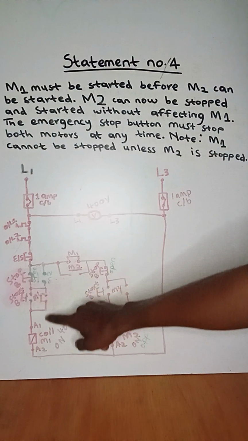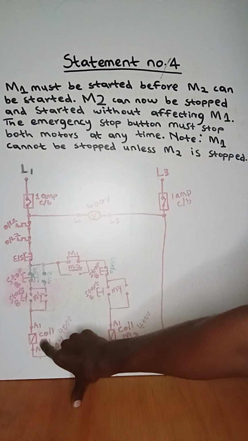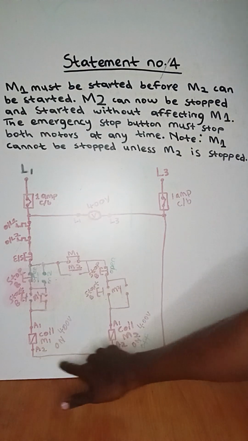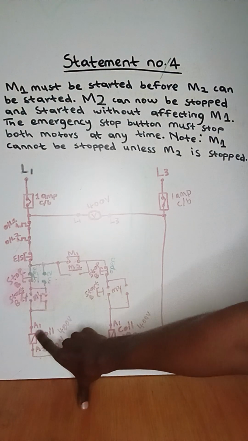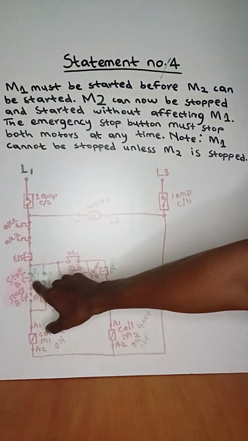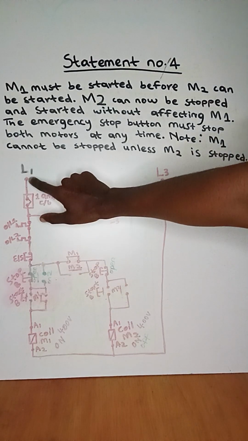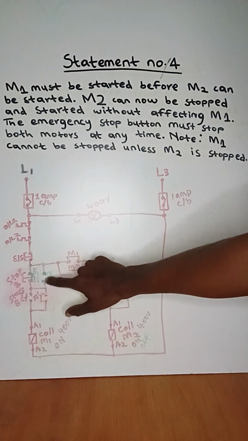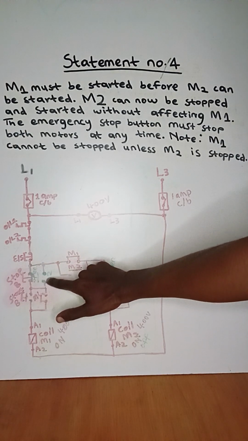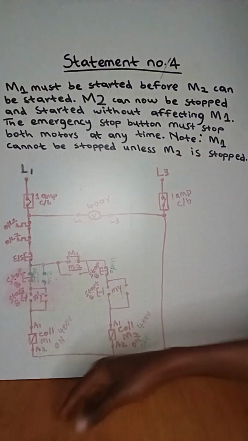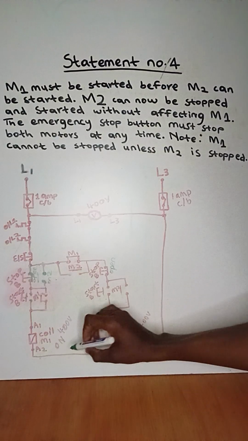So right now our coil of motor 1 from A1 won't get live 1, but will only get live 3. The reason is that after we have pressed the stop button, it has created open contact, and right now our current from live 1 is trapped here and here, which means it is no longer flowing all the way to the coil of motor 1, which means the coil of motor 1 will now be off.